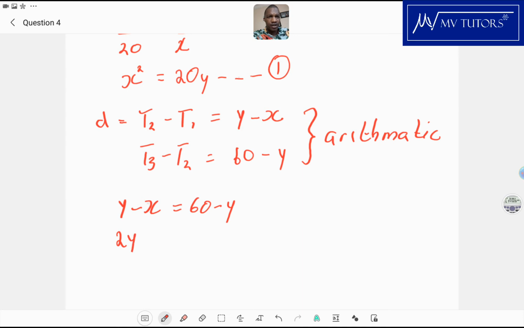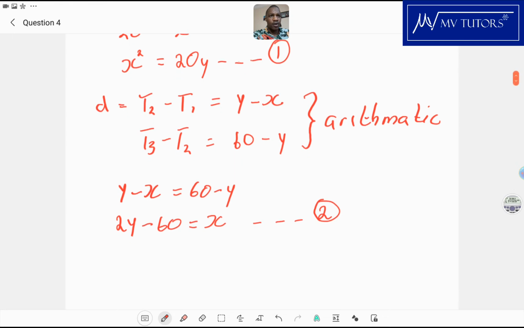I want to take this x to the other side and then take this 60 to the other side, so that the subject of the formula is x. So it's going to be minus 60 because I'm bringing it to this side, it changes sign. And then I take this x to the other side, it becomes positive. I'll call this one equation number 2.